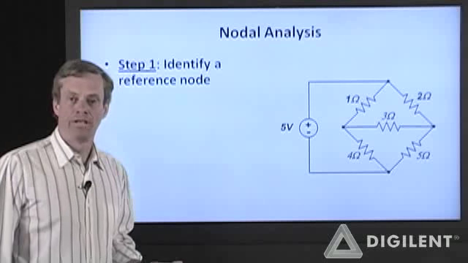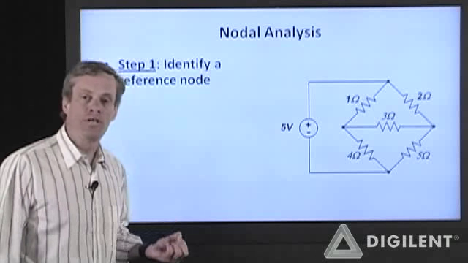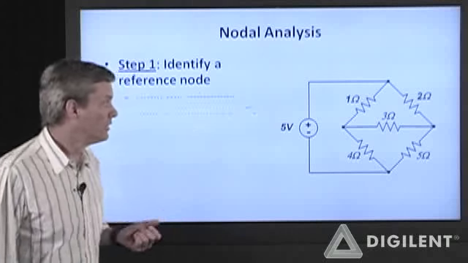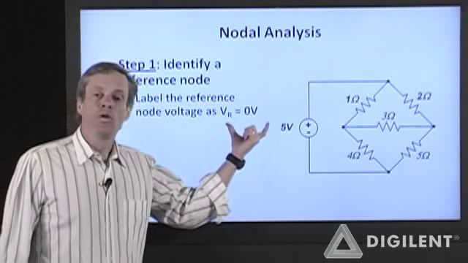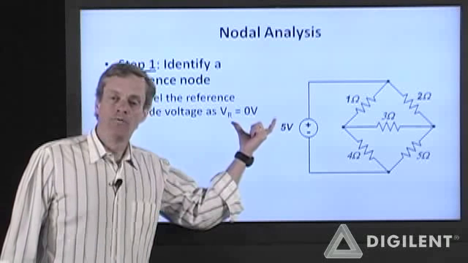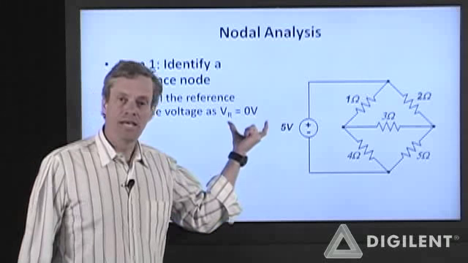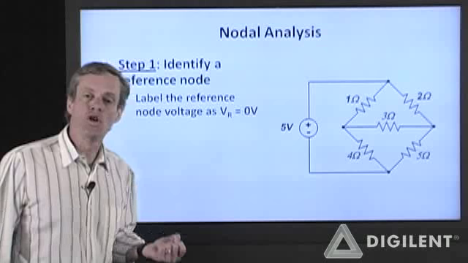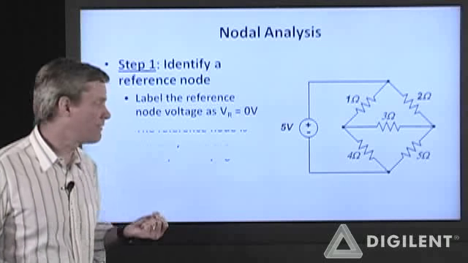Step one of nodal analysis. The first thing you need to do is identify what is called a reference node. You will identify the voltage at that node as being 0 volts. It doesn't particularly matter which node you specify as the reference.